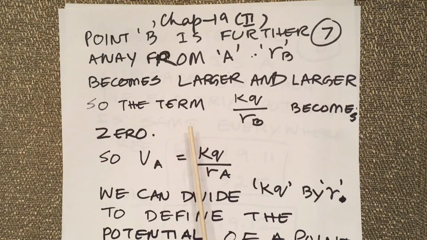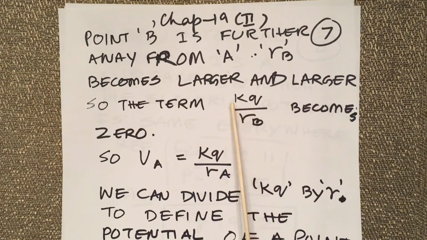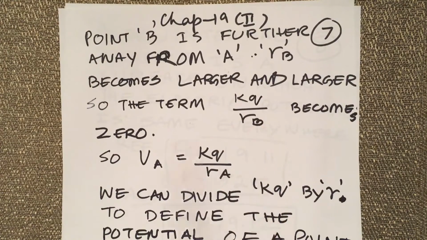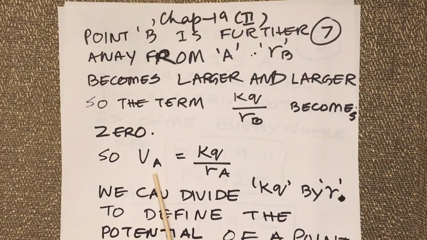In that case, this factor we have, which is kQ over R_B, will be 0 compared to kQ over R_A. So V_A, which is the potential difference or the voltage-wise, kQ over R_A, they will be equal.